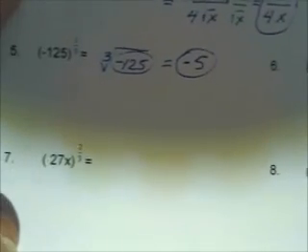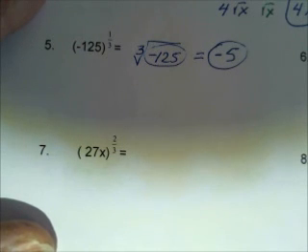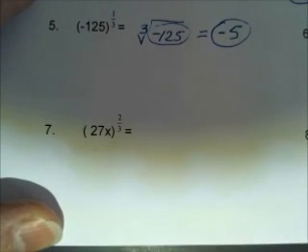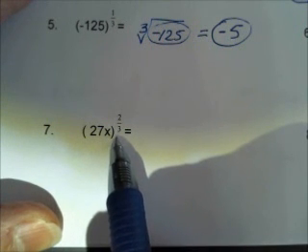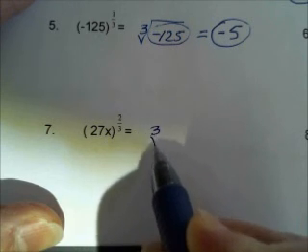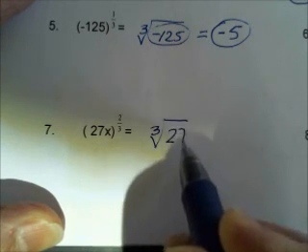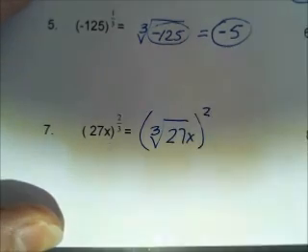Number 7. 27x raised to the 2/3. Again, for our fractional exponent, the denominator is the root. So this would be the cube root of 27x, and now we're going to square that.